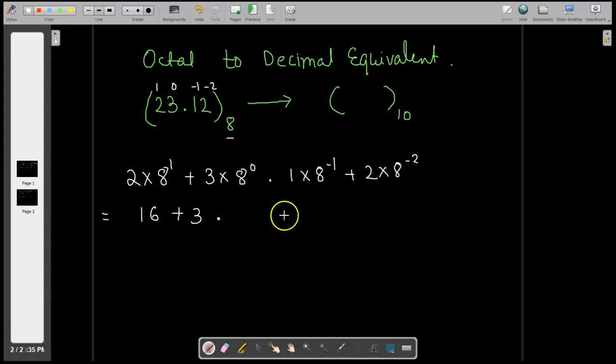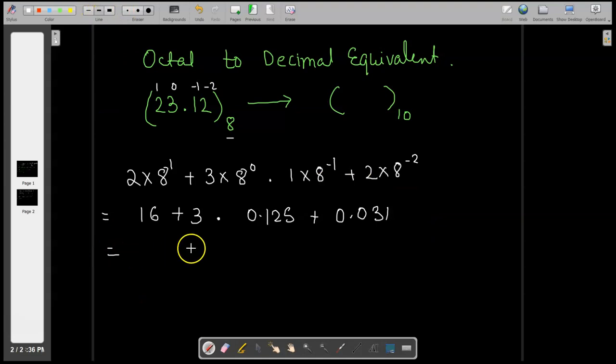Now here, if you have 8 to the power of minus 1, that means 1 divided by 8, which will give you 0.125, plus, same way, 2 divided by 8 to the power of 2, which gives 0.031. Let us take up to 3 decimals.